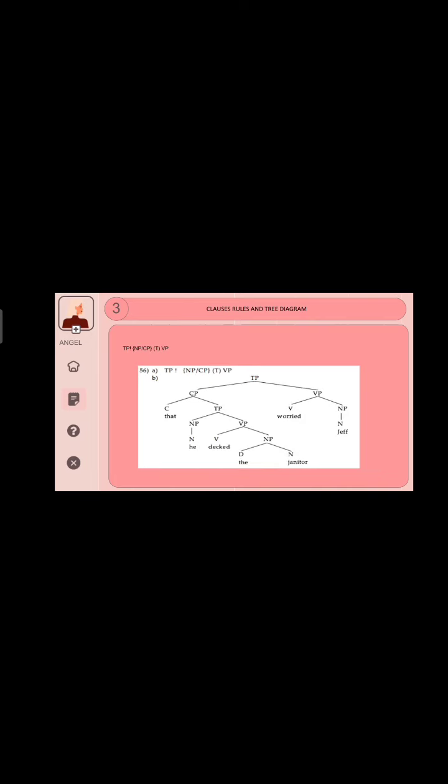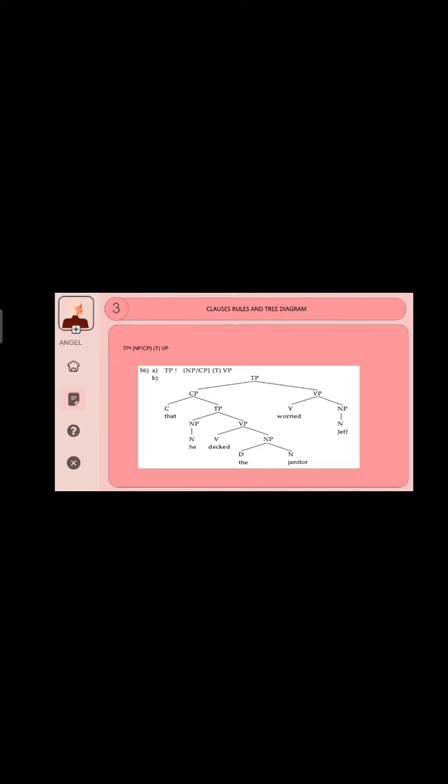Next rule is TP, the tense phrase, is NP or CP, and then T, the auxiliary verb, and the verb phrase. We allow either NP or CP to be used. So the clause here is TP, tense phrase, which is "that he decked the janitor," and then the verb is worried and the noun is Jeff.